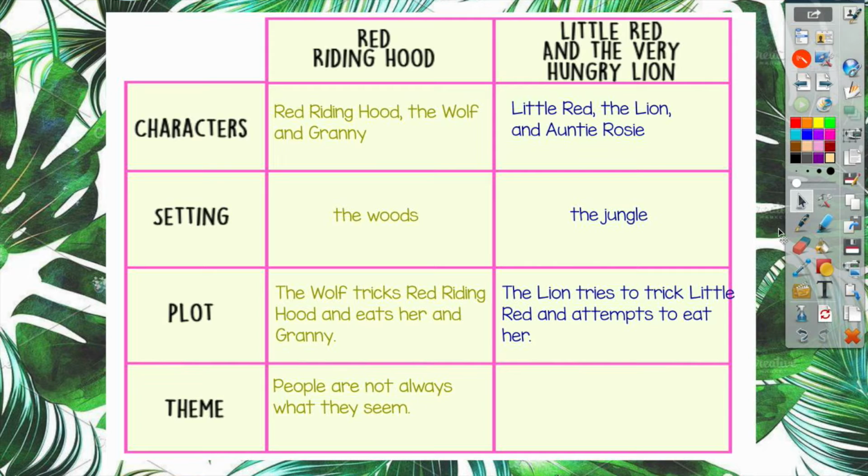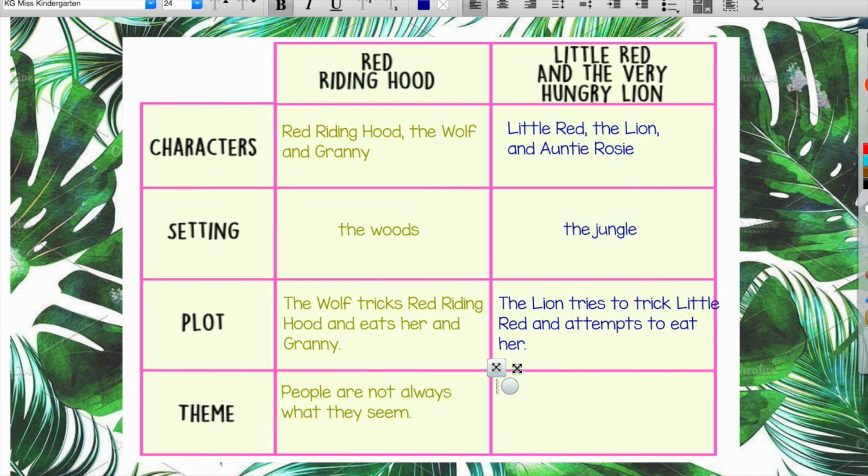In the end, this does not work out in his favor, and he learns a really important lesson from Little Red that if he was just hungry, all he had to do was ask. So, from this, I've learned that trying to trick someone is never going to have a good outcome. I'm going to type my response in the blank. Trying to trick someone is never the answer.